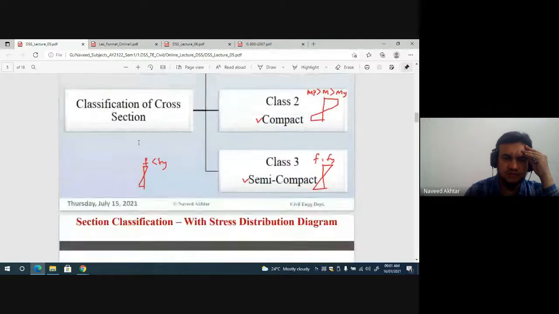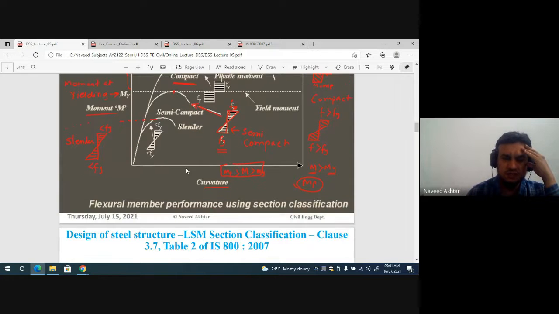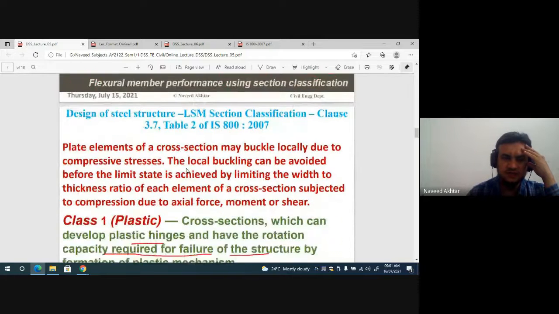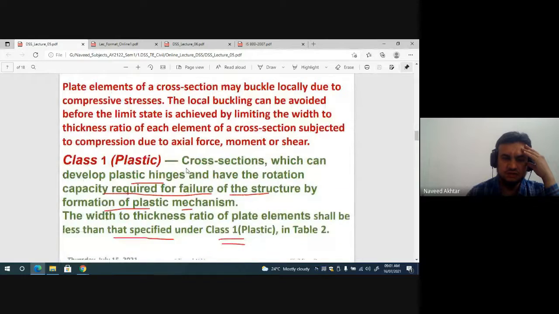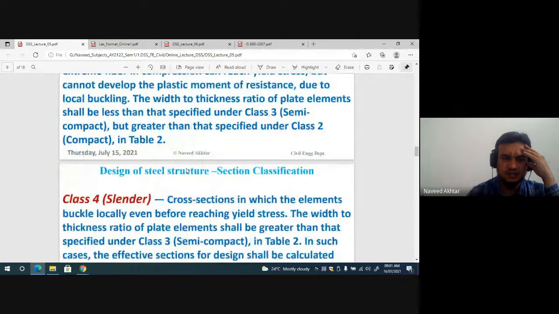We have seen different classes of sections and how they are classified, in the moment curvature relationship. Then we went through class 1 plastic, class 2 compact and class 3 semi-compact.